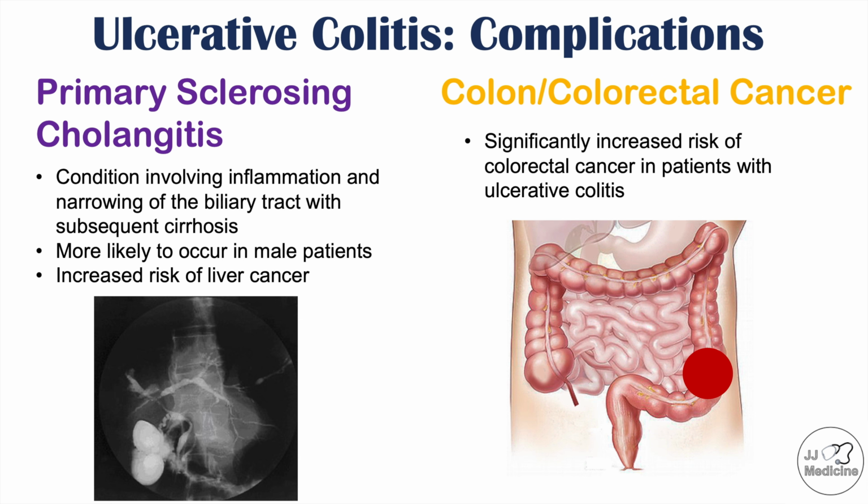You can imagine that if the colon is in a state of chronic inflammation, this chronic inflammation is going to cause cells to behave abnormally, cause damage to cells, and this is going to increase the risk for cancer developing in the colon. So this is a reason why we're going to see ulcerative colitis patients being at a very high risk of having colorectal cancer.